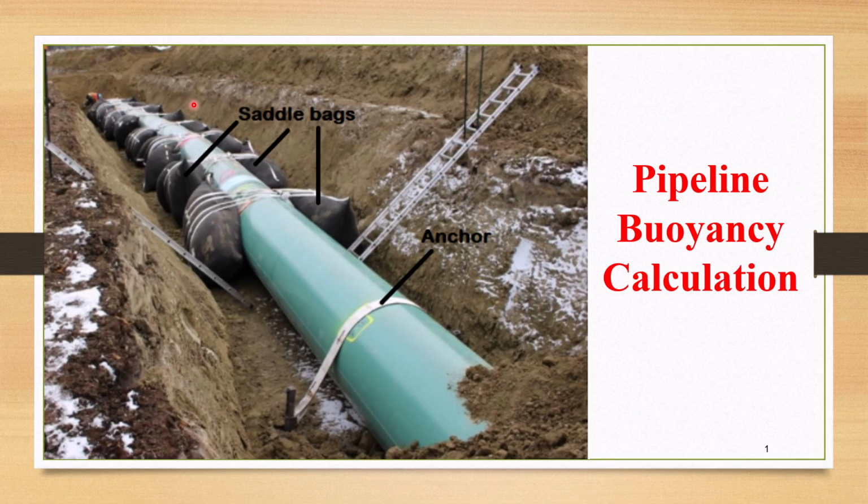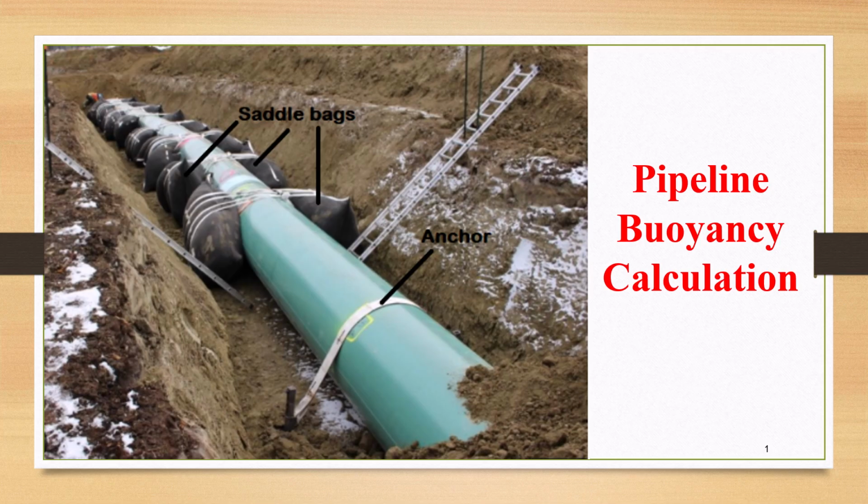Here in this image you can see that one pipeline is added with some saddle bags and one anchor. The main aim of adding these saddle bags as well as this anchor is to restrict the pipeline from floating, so that the pipeline does not move in upward direction when the pipeline is installed in water table locations or swampy areas.